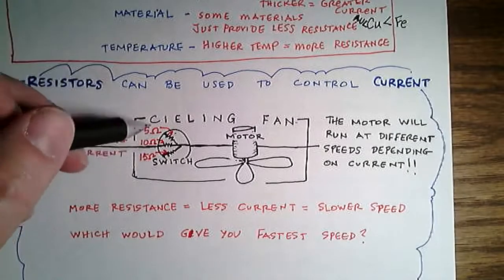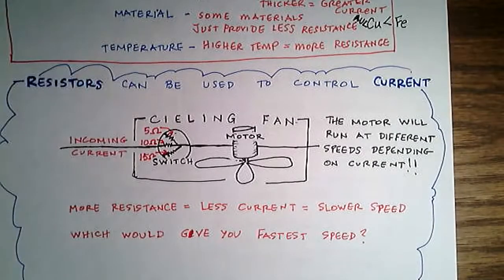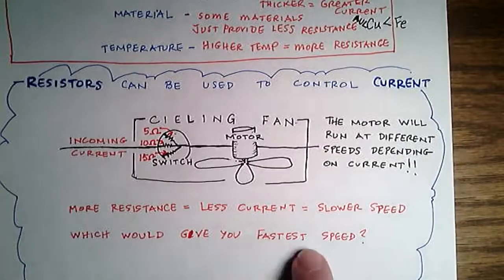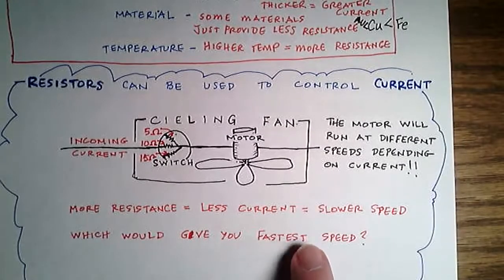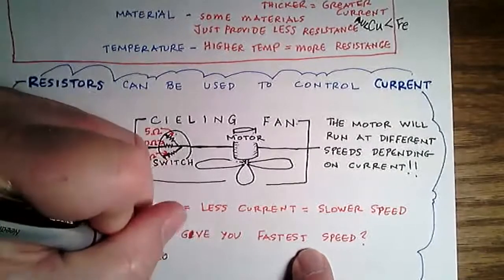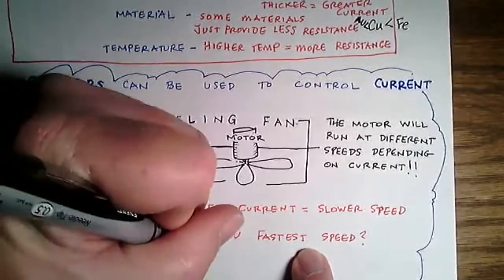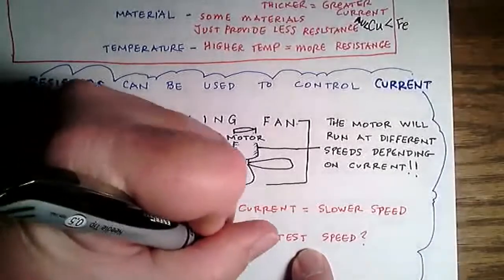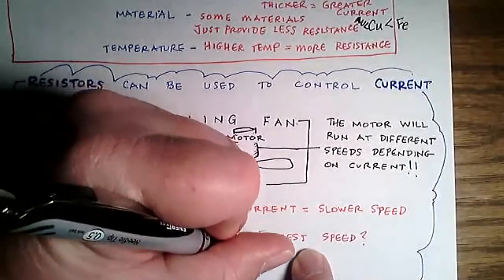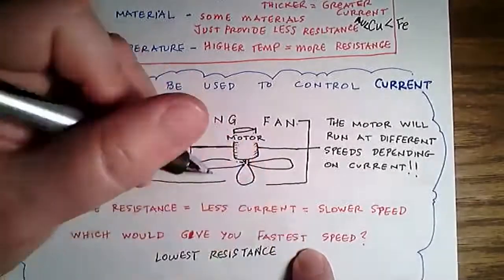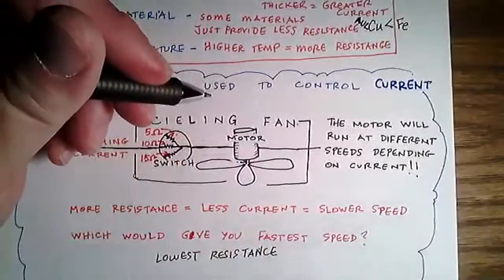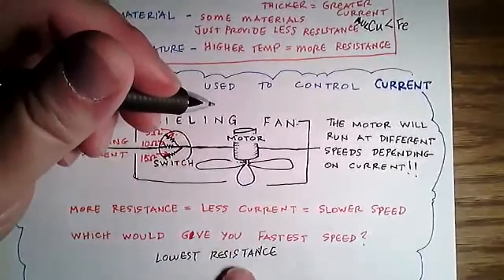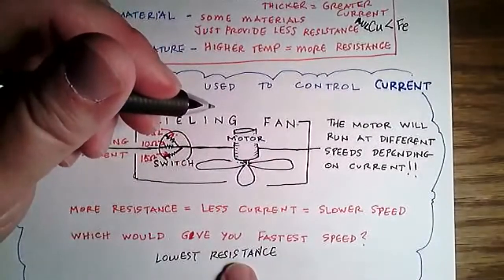So which of these resistors is going to give you the fastest speed? Fastest speed is going to come from the greatest current. And I'm going to get the greatest current when I have the lowest resistance. It takes a little bit of logic here, you guys, but it's not really too hard to understand if you understand that resistance decreases current.